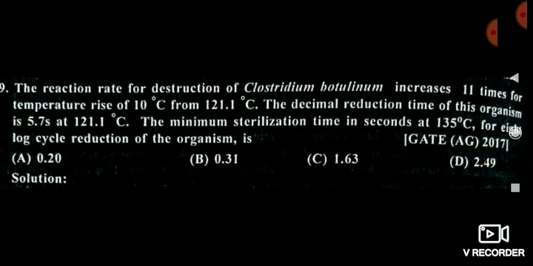Now you calculate the D value at 135, because here it is asking the final time at 135 degree centigrade. So you calculate the D value at 135 degree centigrade. You simply use the relation. Here friends, I have put in 10 to the power, but if you take log, you can write it in terms of log, or you can write it in terms of 10 to the power something.